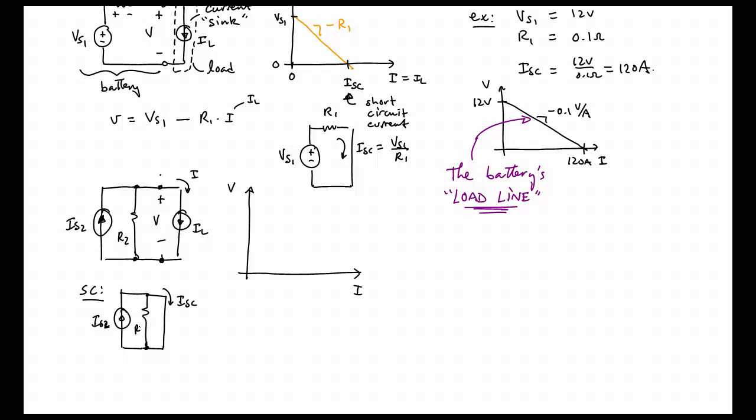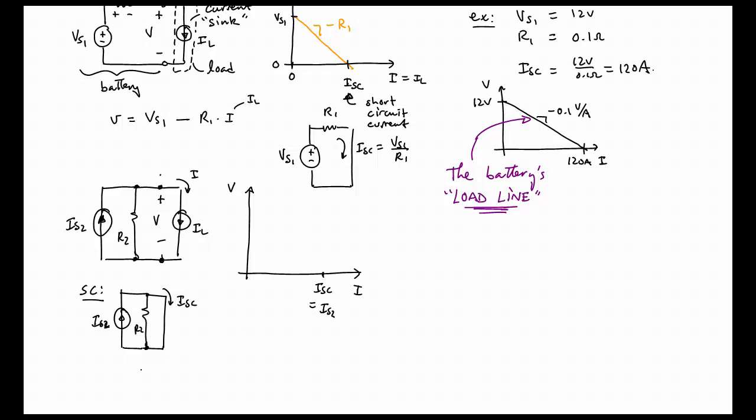What is the current going to be? Well, you have a current divider between R2 and the short, but the short has zero resistance, infinite conductivity. So all of the current source IS2 is going to flow through the short circuit path. And so down here we'll have an I short circuit equal to IS2.